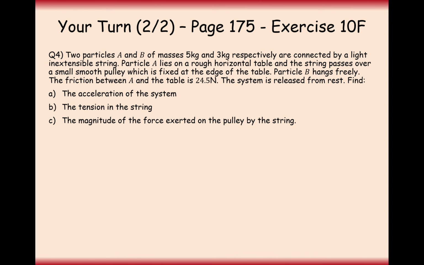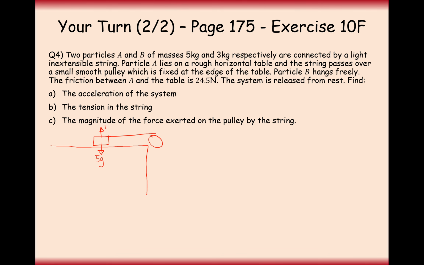Right then, second question. So here is another one where the particle goes over the table. Pause the video and try this one out. Right, well done for having a go at this question here then. So this question here is one of these ones where we've got our fixed table and one particle that's on the table, I think this was A, so that was 5 kilograms, so weight of 5g.